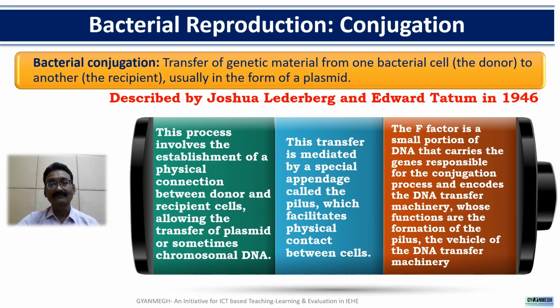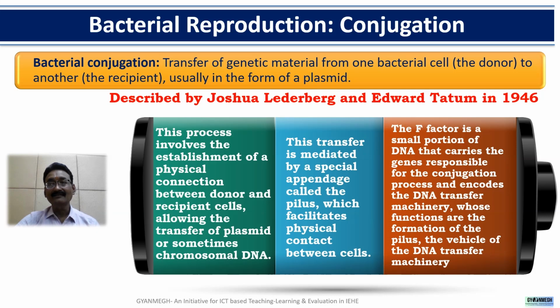The F factor is a small portion of DNA that carries the genes responsible for conjugation and encodes the DNA transfer machinery, whose functions are the formation of the pilus, the vehicle of DNA transfer, and other related functions. The cells that contain the F factor are known as F plus cells, while those which lack it are known as F minus cells.